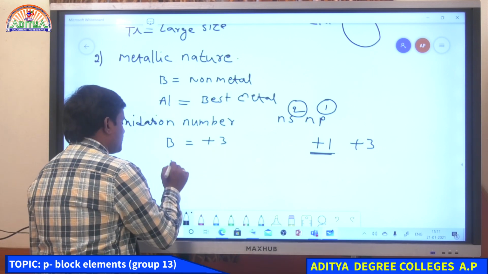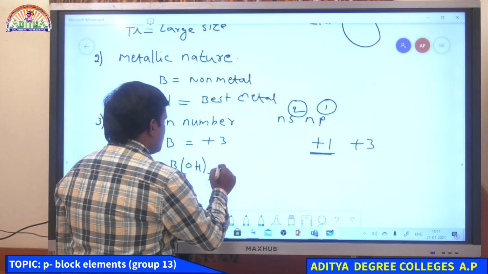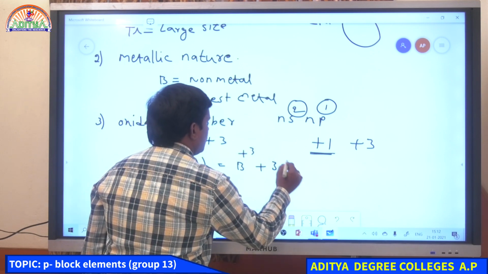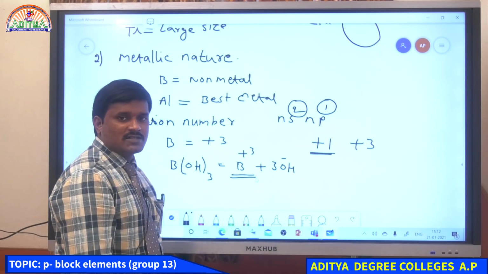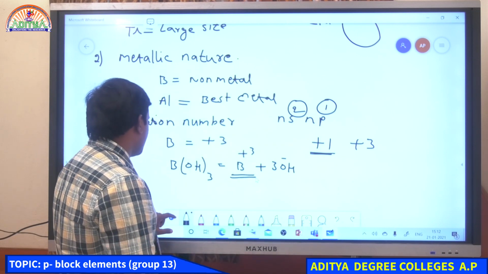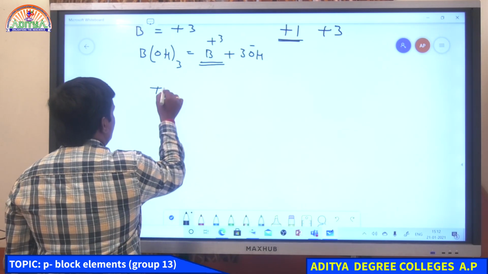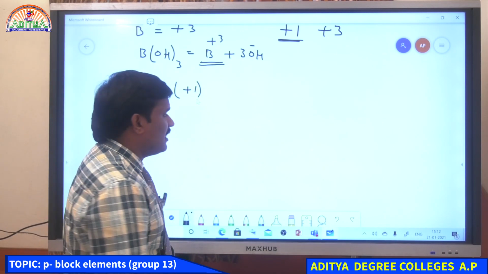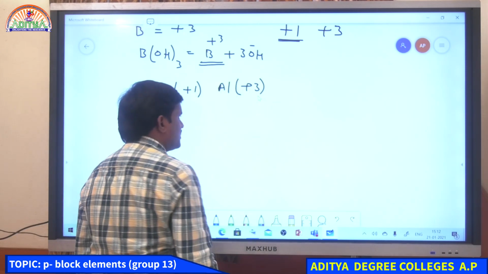For example, in B(OH)3, boron has a +3 oxidation state and OH has a minus charge. Therefore, boron is always present in the +3 oxidation state, whereas from top to bottom the +1 state becomes stable. Thallium forms only the +1 oxidation state, whereas aluminum forms +3 as the stable oxidation state.